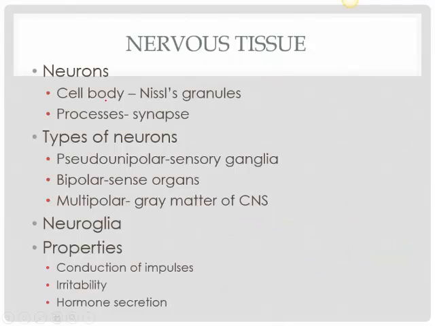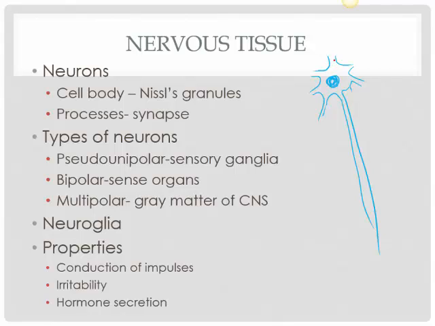So let's look at a neuron and some of its features. I'm going to draw a typical neuron like this. It has a cell body, with the nucleus and nucleolus. It has all of the normal things that every cell has.